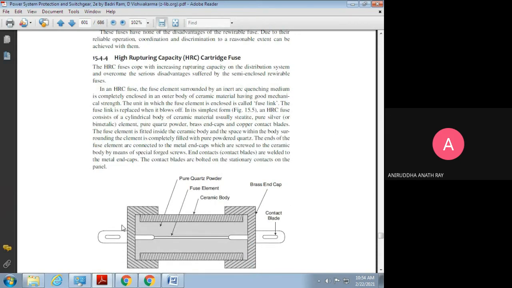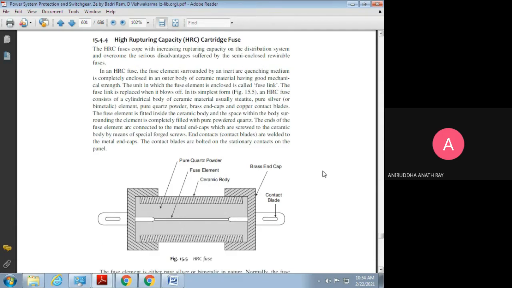The unit in which the fuse element is enclosed is called the fuse link. The fuse link is replaced when it blows off.